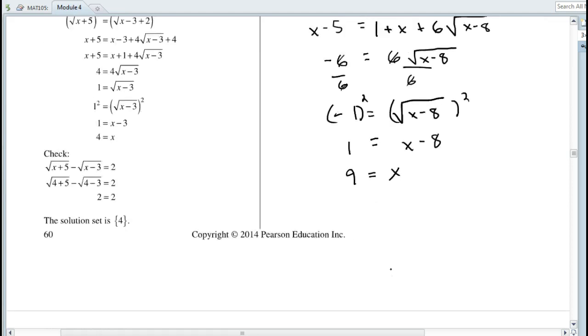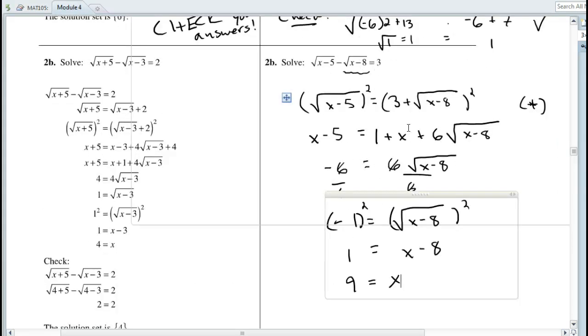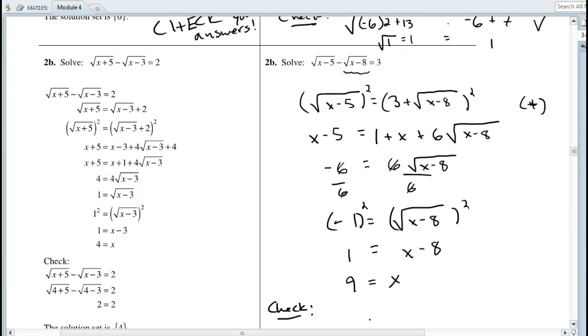So we're done, but we still got to check. So check up here in the original equation, see if this holds. So our check looks like we're checking to see whether the square root of 9 minus 5 minus the square root of 9 minus 8 actually equals 3. And what do we get?